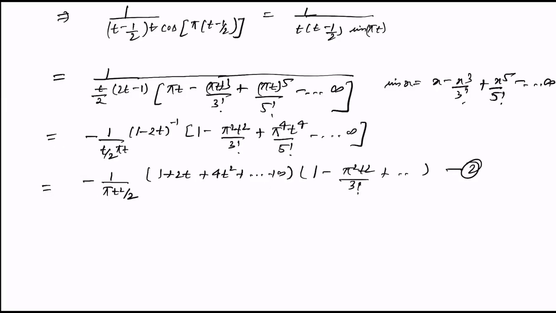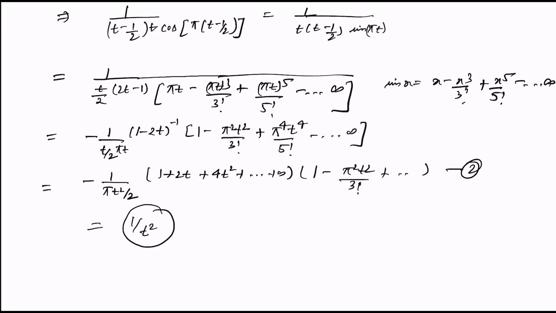Then you have to search for the highest negative power. The highest negative power which you can see in this entire power series expansion is coming from the first term, that is 1 into 1 divided by t square by 2, which is 1 upon t square. This is the highest negative power in t, because all of the other terms will have a higher power in t.